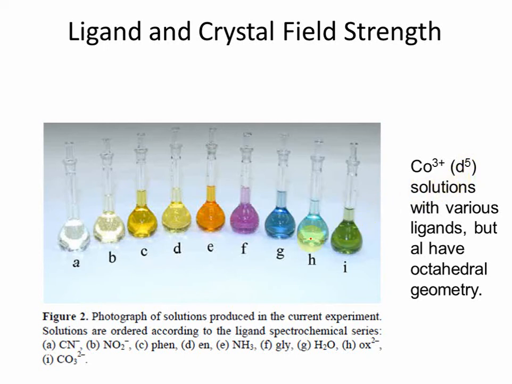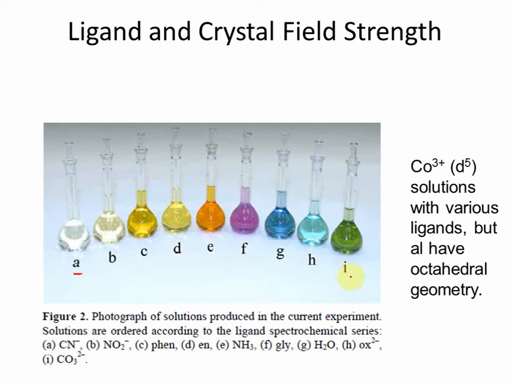So A has cyanide ligands, B has nitrite ligands, C is phenanthroline, D is ethylenediamine, E is amine, F is glycine, G is water, H is oxalate, and I is carbonate. And what's happening is we're creating what's called a spectrochemical series.